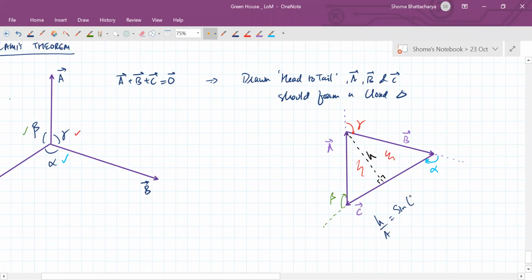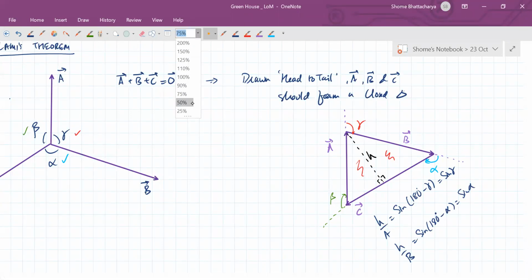This angle is 180 minus gamma, so that is sine gamma. In the other triangle, h by this hypotenuse, which is b, is equal to sine of 180 minus alpha, so that is sine of alpha. Now connect these two statements and you will get Lami's theorem's first part.